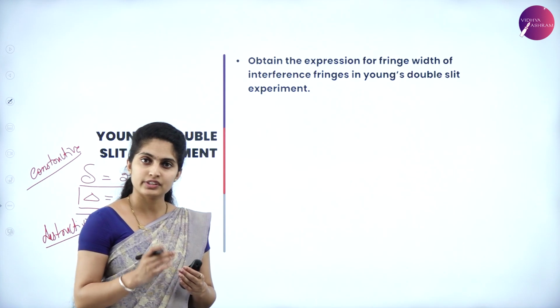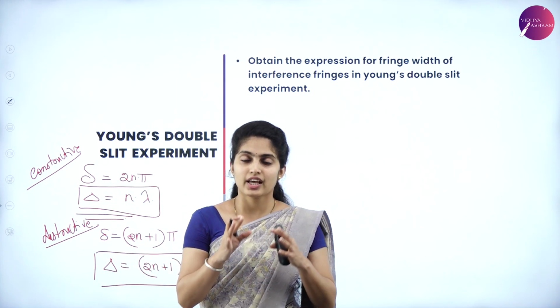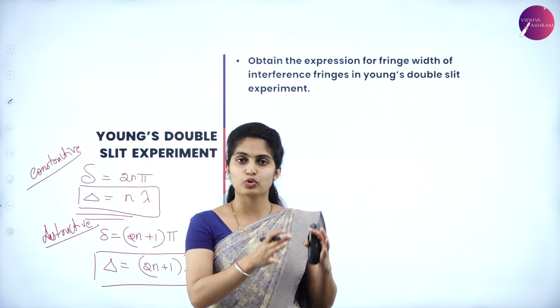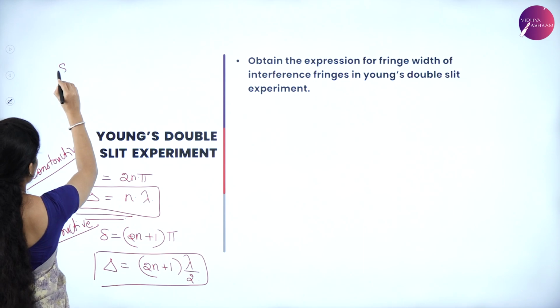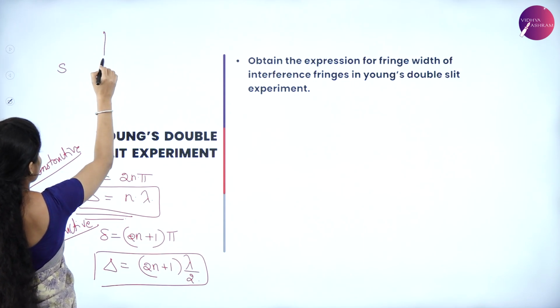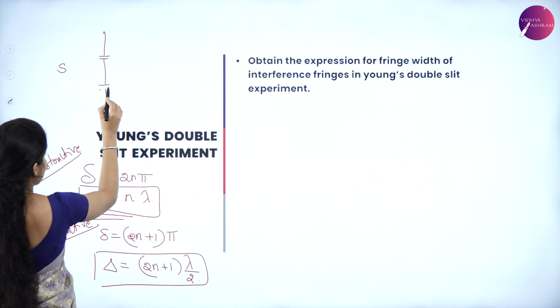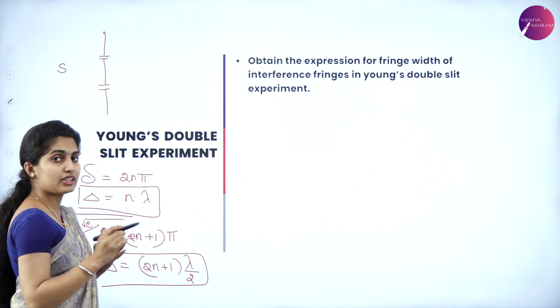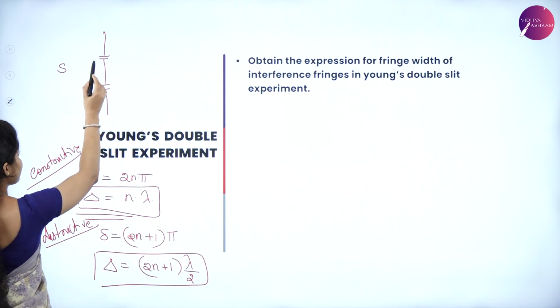But later on, instead of those pinholes, slits were created in the sheet and only one monochromatic source was used. So suppose here is a monochromatic source which is giving the light, then we have two slits. Before it was pinholes and nowadays they make use of slits, two cuts.